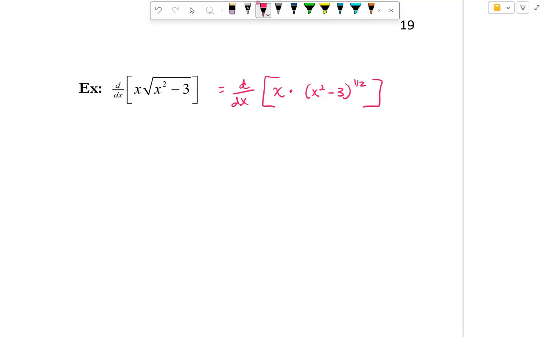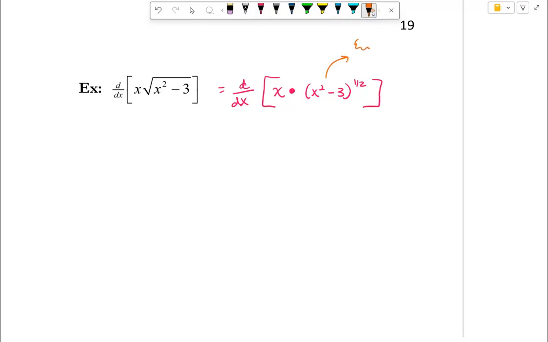All right, so similar to last time, structurally, we have a product. We have two things being multiplied, x times the square root of x squared minus 3. But when I get to that second factor, the square root of x squared minus 3, that is a composition, right?